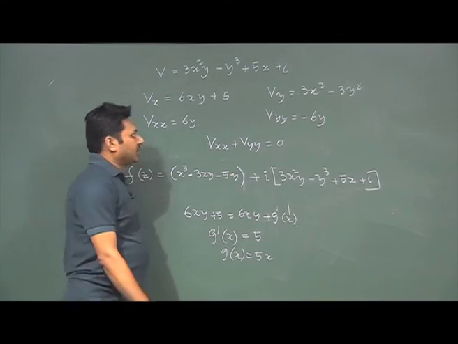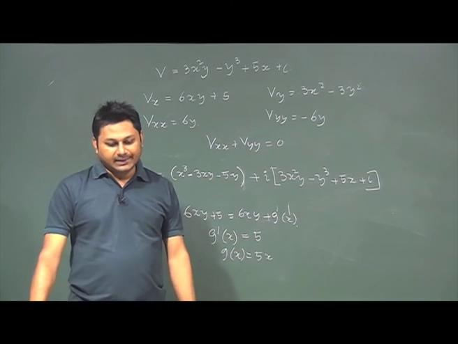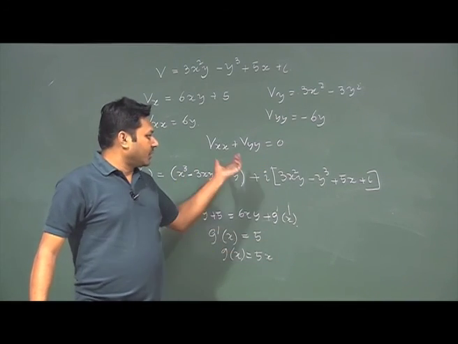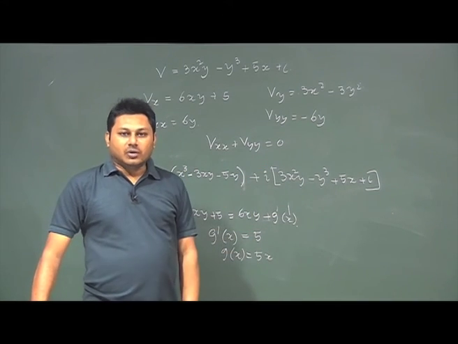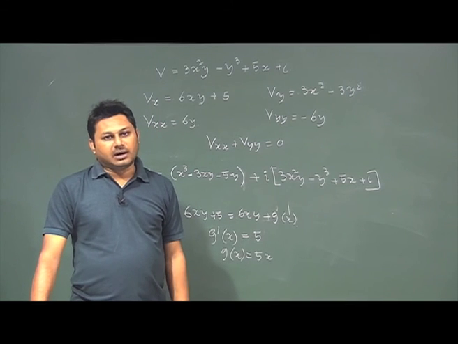So, v is also harmonic. Just to show that whatever the function is generated through this Cauchy-Riemann equation also follows the fact that they are harmonic to each other.